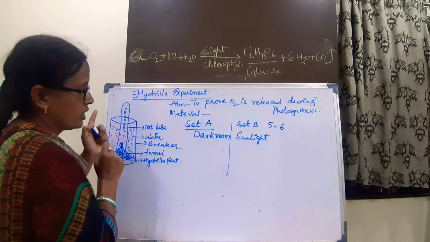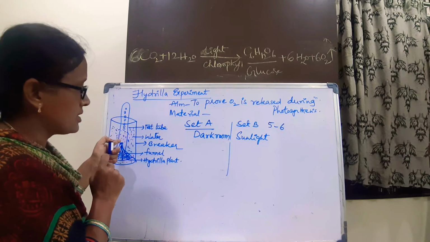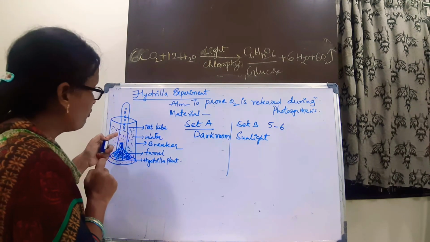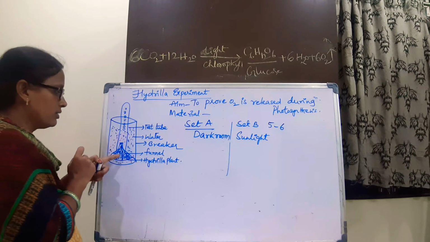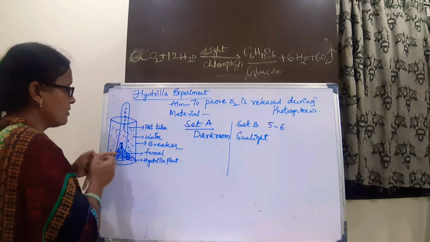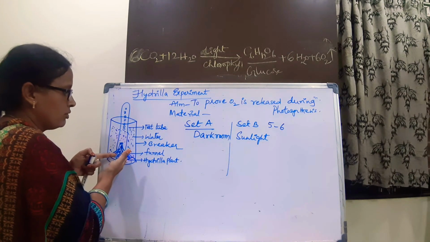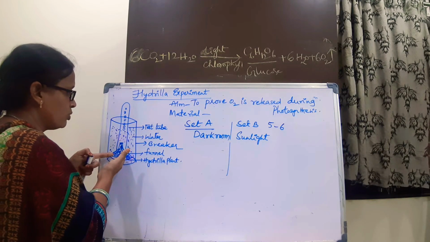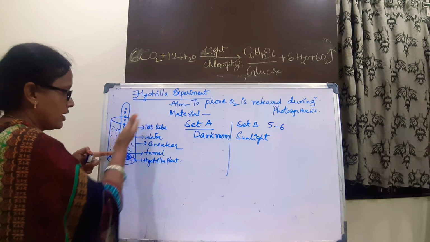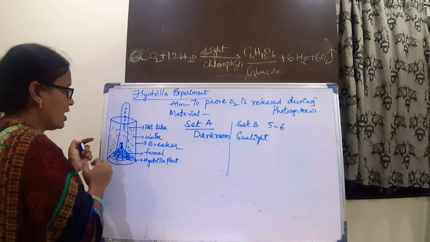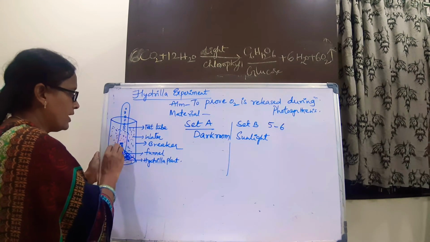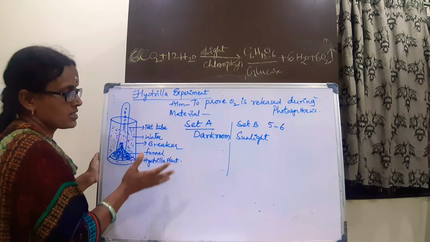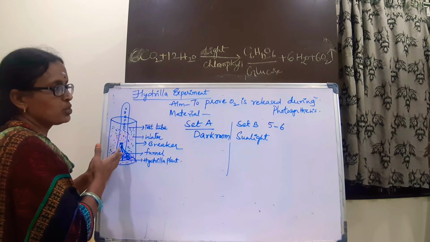Recollect what happens in set B when we keep it in the sunlight. The hydrilla plants are water plants, water is available, sunlight is there, and they take in carbon dioxide and do photosynthesis.